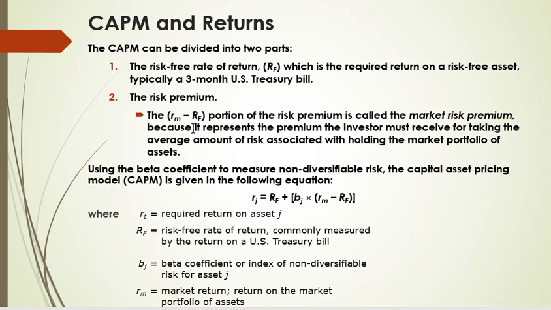The risk premium, that's the rate of return you earn in excess of the risk-free rate if you invest in the average stock in the stock market. So using the beta then, we can identify the risk we expect for a specific stock based on its market risk.